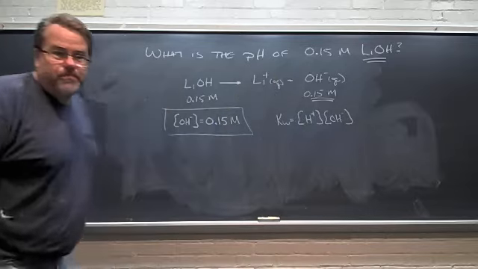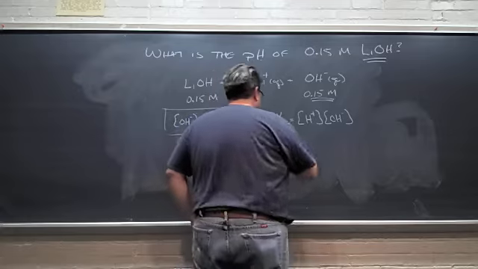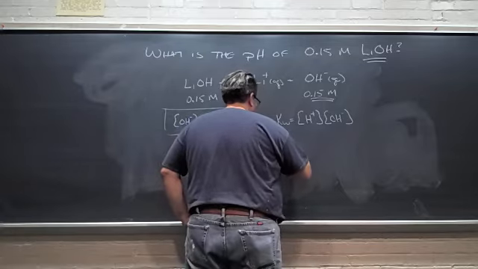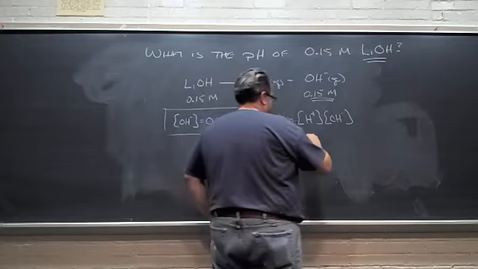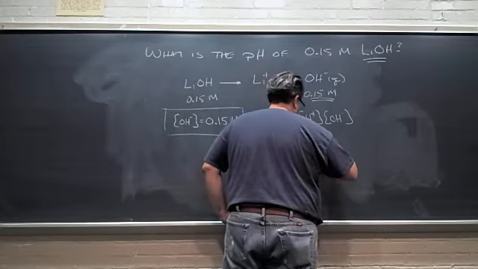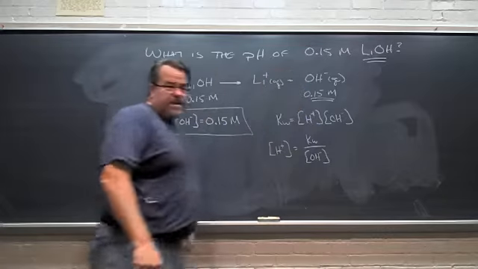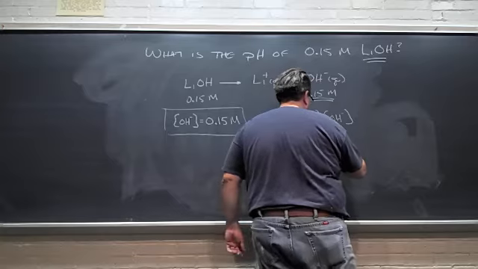Okay. All right, so we remember that Kw is the product of the hydrogen ion concentration times the hydroxide ion concentration. Therefore, hydrogen ion concentration is going to be Kw divided by the hydroxide concentration.